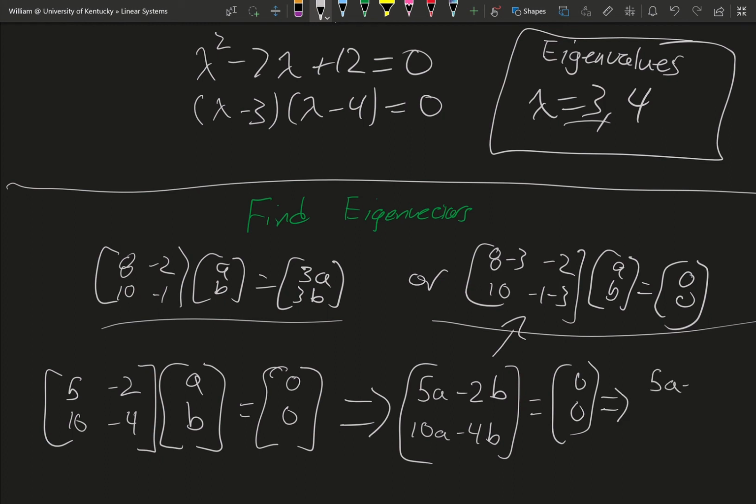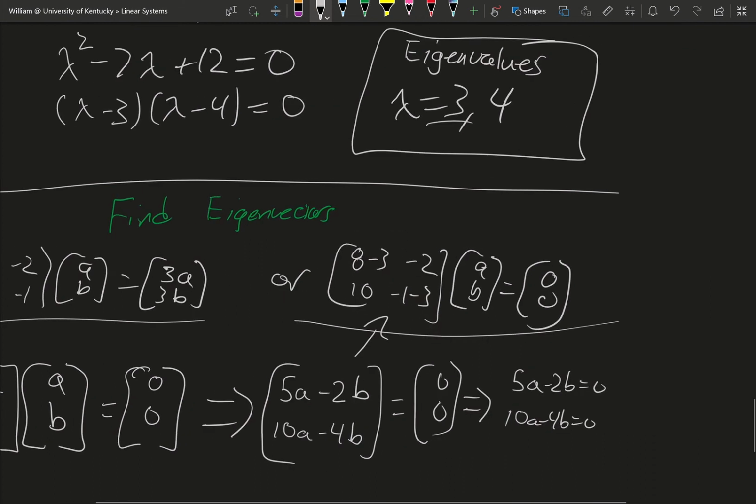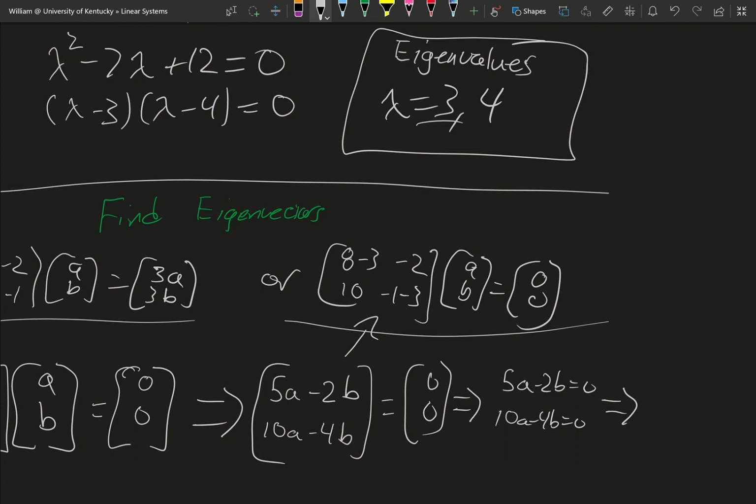So 5a minus 2b equals 0, and 10a minus 4b equals 0. So 5a equals 2b. Again, when we're finding these eigenvectors, we want this to be redundant.